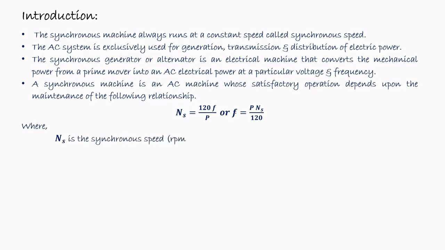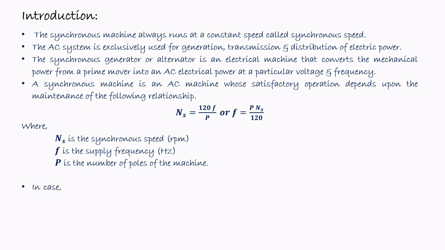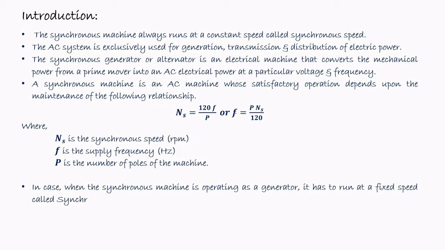So Ns is the synchronous speed that we have mentioned. F is the supply frequency, and P is the number of poles of the machine. When the synchronous machine is operating as a generator, it has to run at a fixed speed, called the synchronous speed, to generate power at a particular frequency.